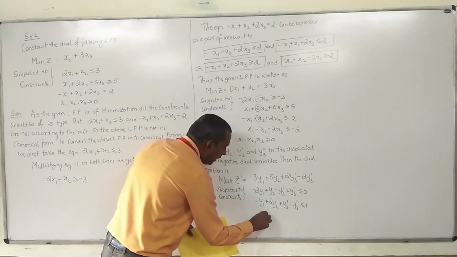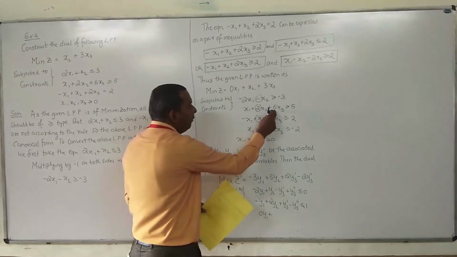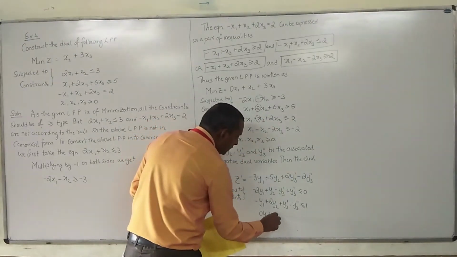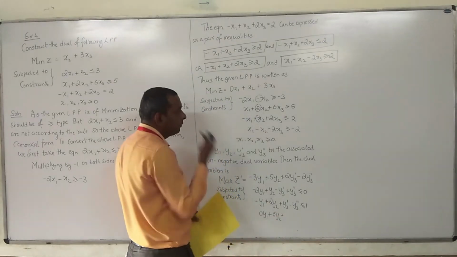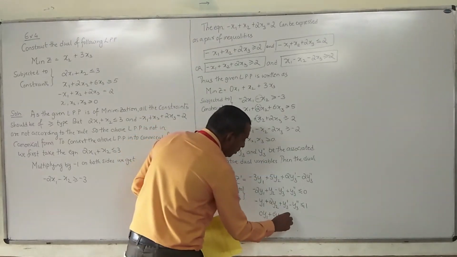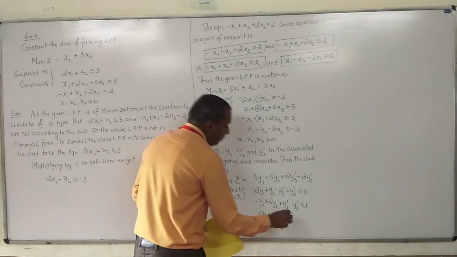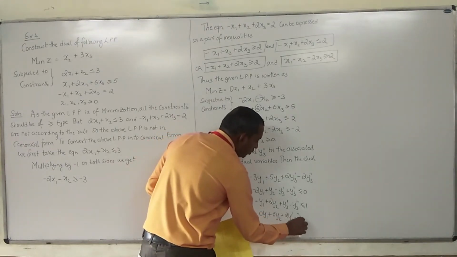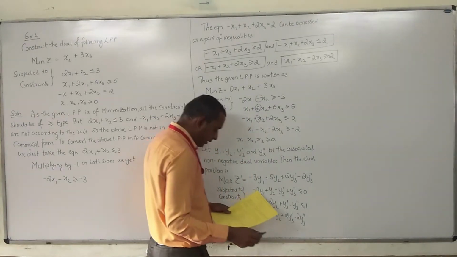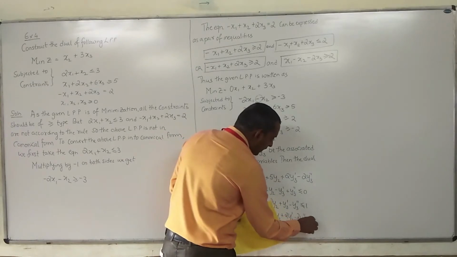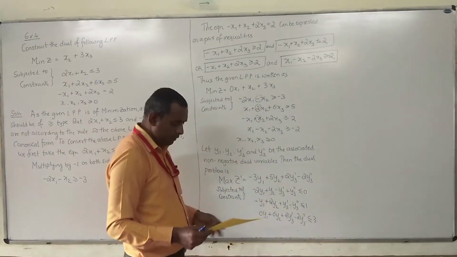So the next one is 0y1, let me write it as 0y1 because there is no x3 term here, but 6y2 plus 2y3 dash minus 2y3 double dash, less than or equal to 3.